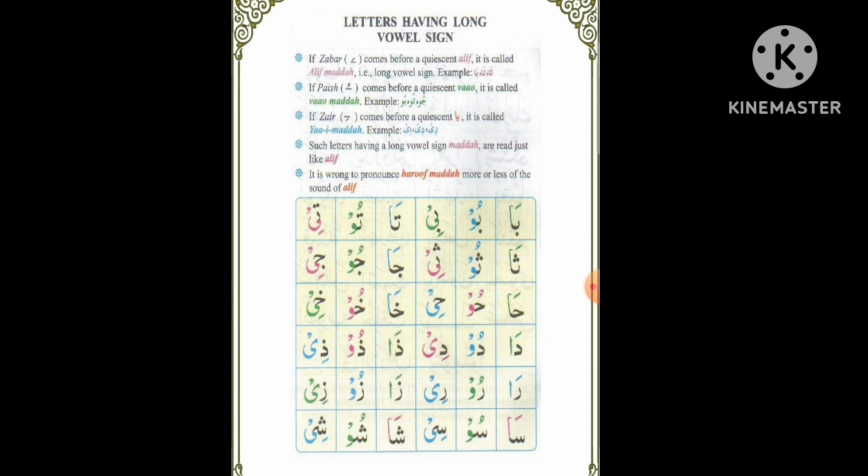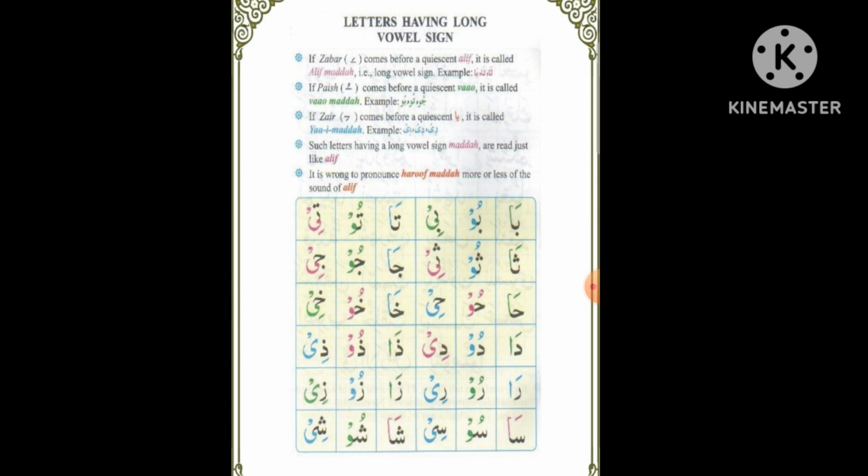Sa, waw, pesh, su. Sa, ya, zir, si. Jim, alif, zabar, ja. Jim, waw, pesh, ju. Jim, ya, zir, ji. Ha, alif, zabar, ha. Ha, waw, pesh, hu. Ha, ya, zir, hi. Kha, alif, zabar, kha.